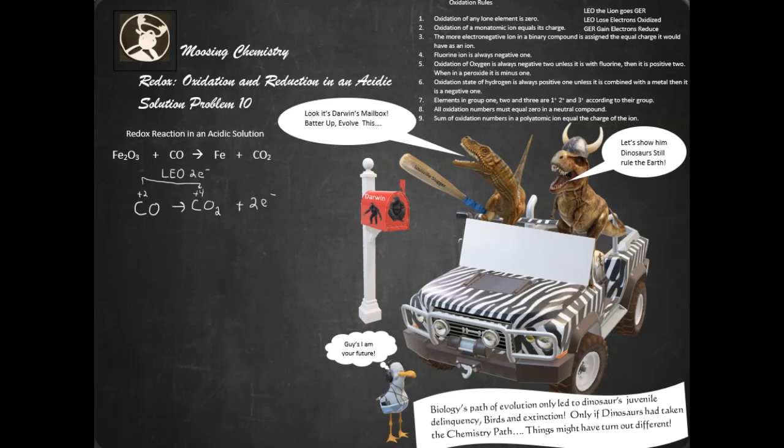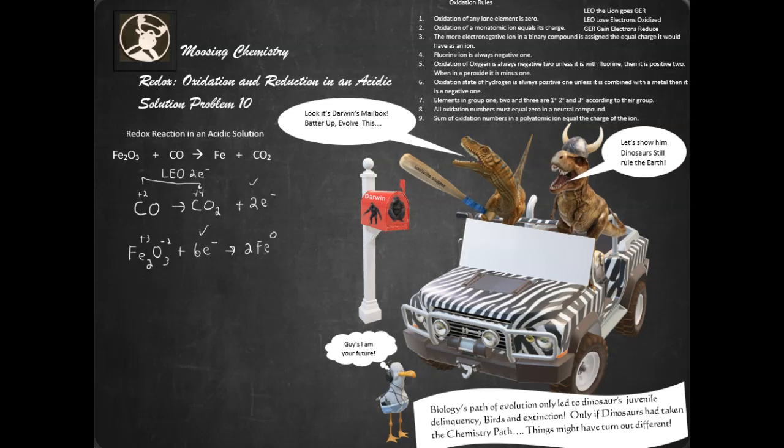So now let's put 6 electrons in there. We have Fe2O3, and remember, that's a -2 charge, and this has a +3 charge, plus 6 electrons yields 2 Fe. Now, look here. We have 2 electrons here and 6 electrons there.